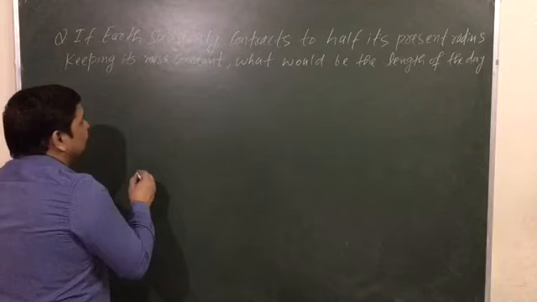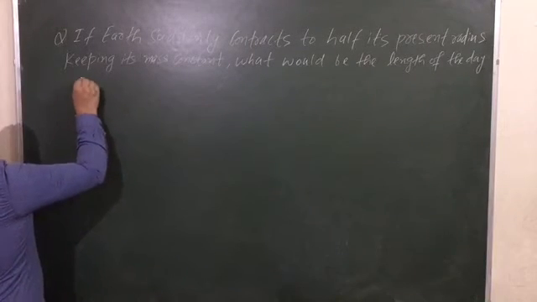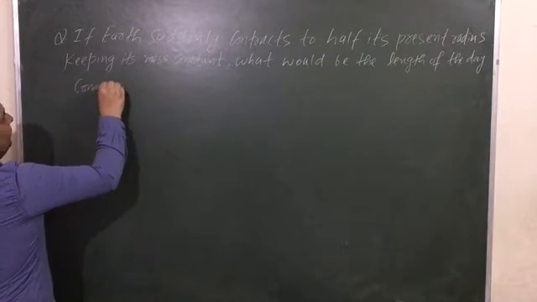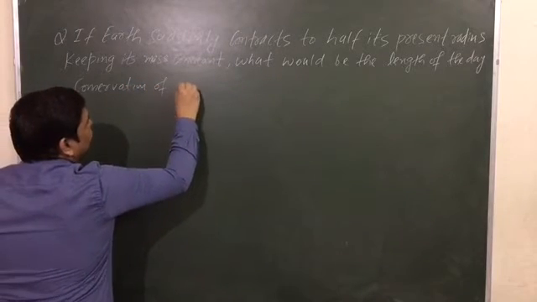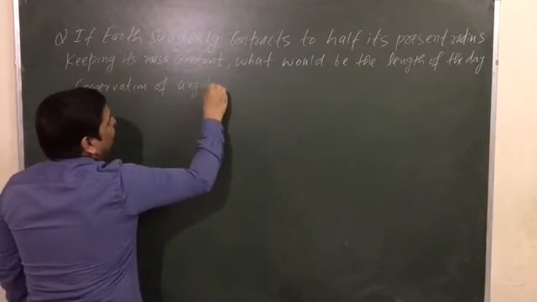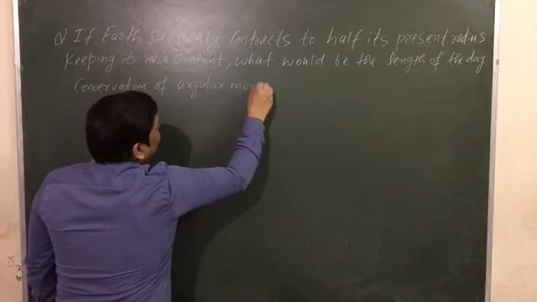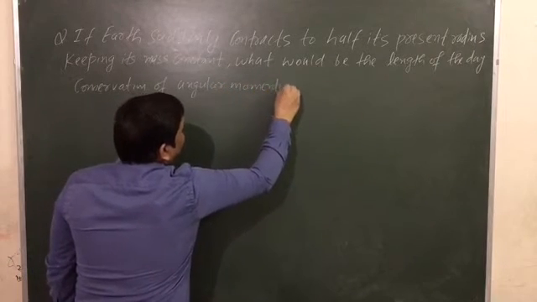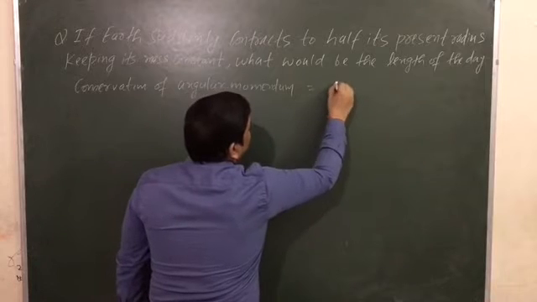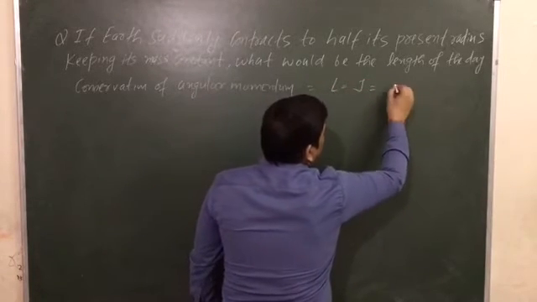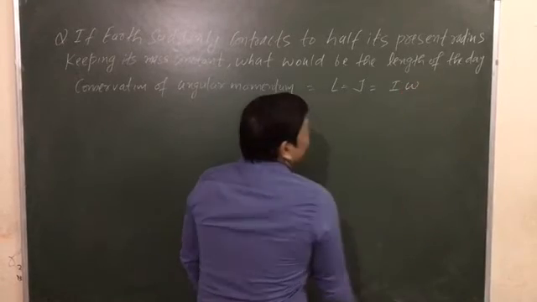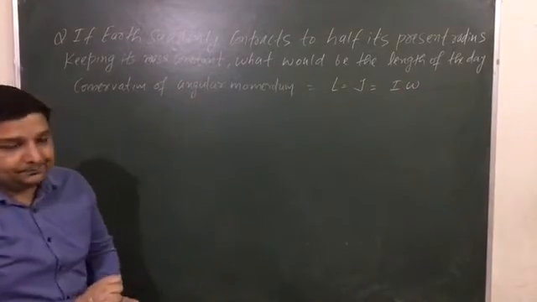We know that conservation of angular momentum applies. According to conservation of angular momentum, angular momentum remains constant, and angular momentum is given by I into omega.